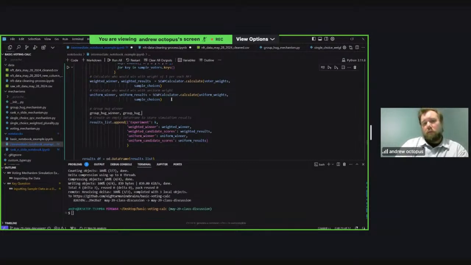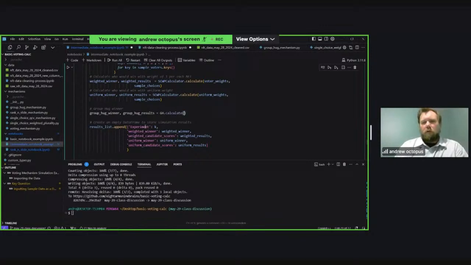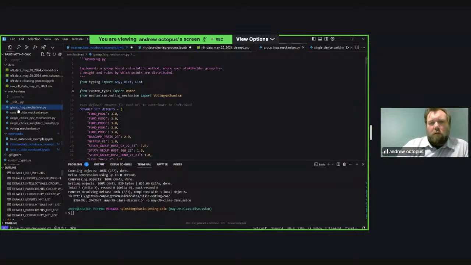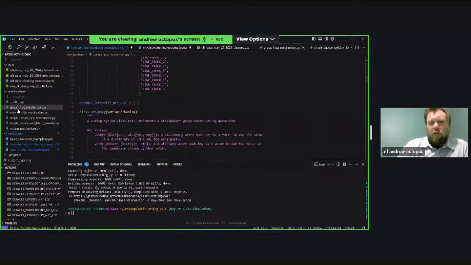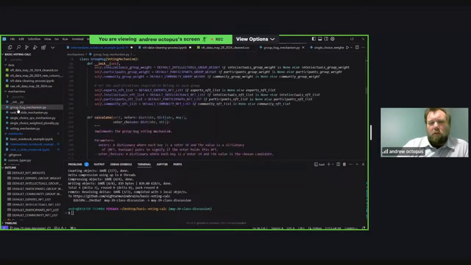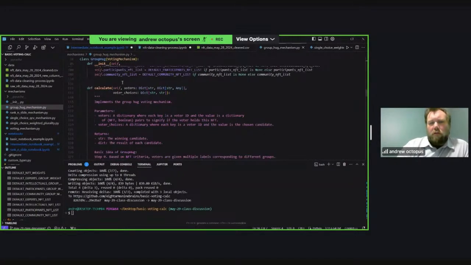And this is why we wanted to get this into a common framework. What are the arguments that should be here? I want everything default. And when I call group hug calculate, it just needs voters and voter choices, so that's good.